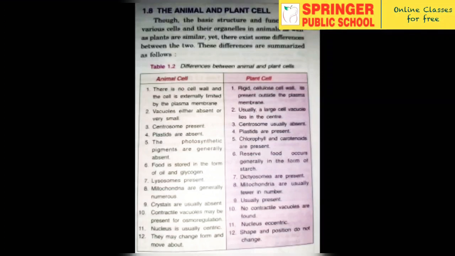The nucleus of the animal cell is centric, meaning it is always present in the center of the cell, while the nucleus in the plant cell is eccentric, slightly away from the center, and animal cells can change their form while plant cells remain in their position and shape.